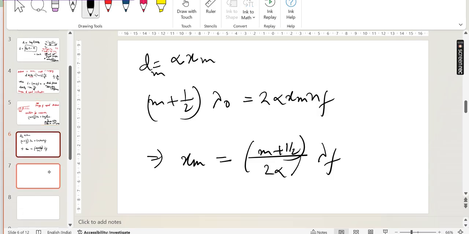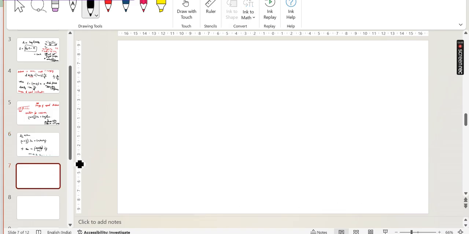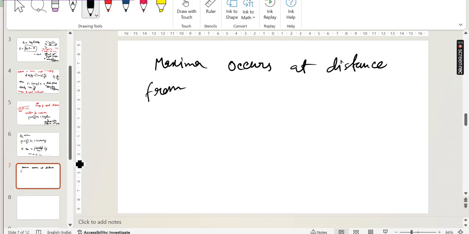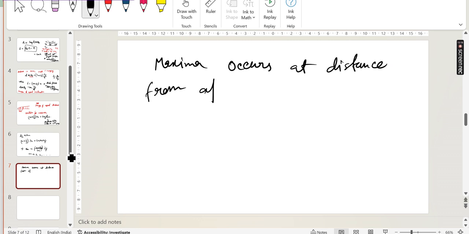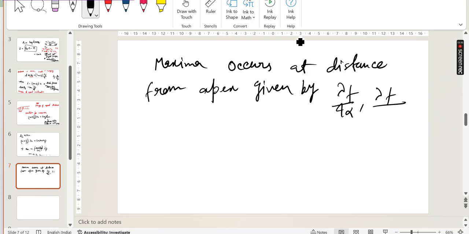When we put m equal to 0, 1, 2, and 3 successively, we see that maxima occur at distances from the apex (this point is called the apex) given by lambda f over 4 alpha, 3 lambda f over 4 alpha, and so forth. So delta x is basically lambda f over 2 alpha.